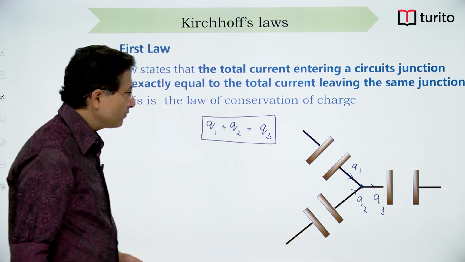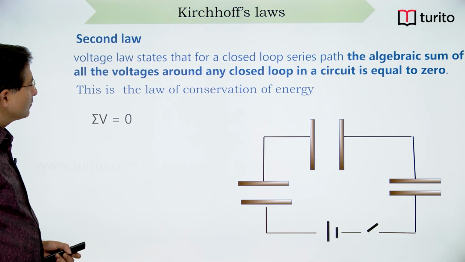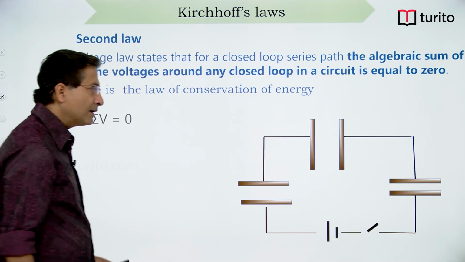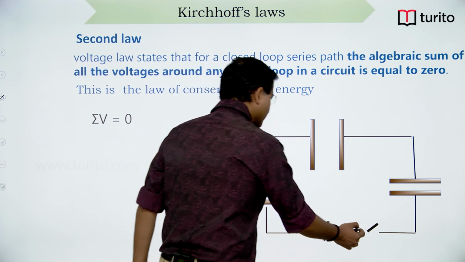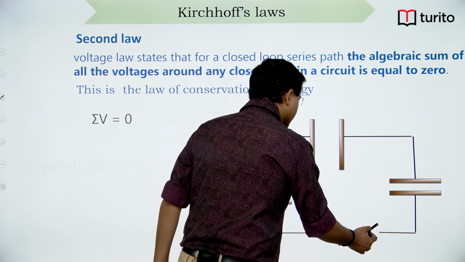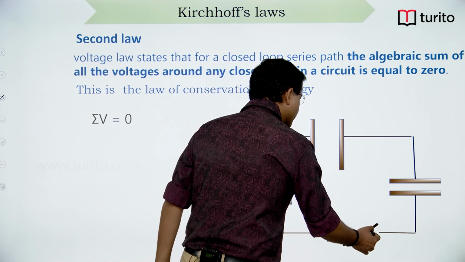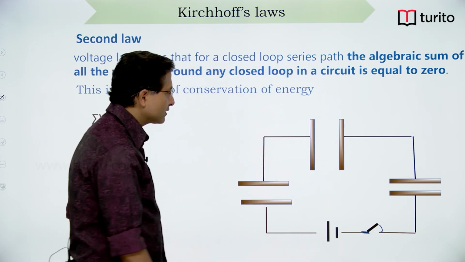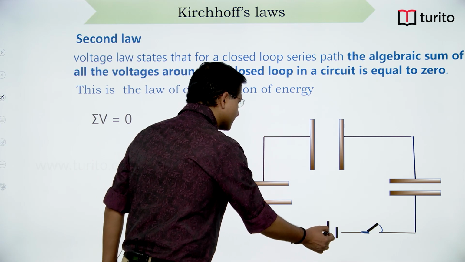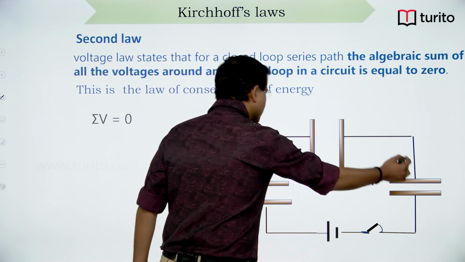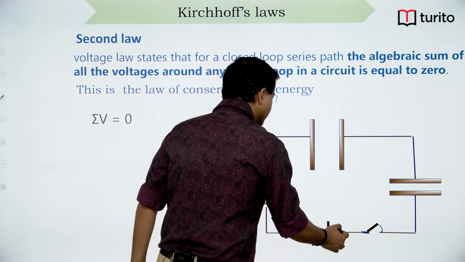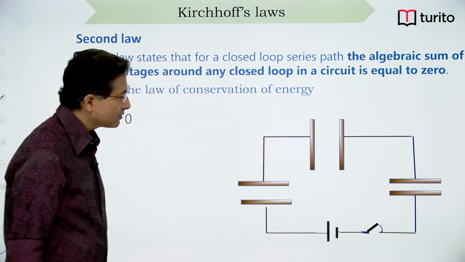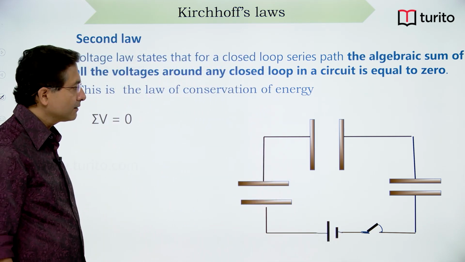Now, the second law. If I take a closed circuit this way, this represents a switch, and if I close the switch, what happens? We have seen that the battery delivers charge, and charge flows through the circuit and gets back to the negative terminal of the battery. So, this is our circuit, right.